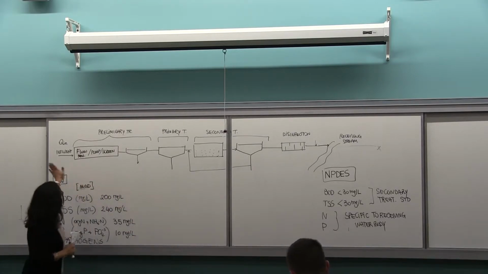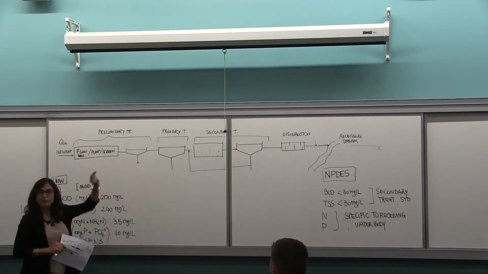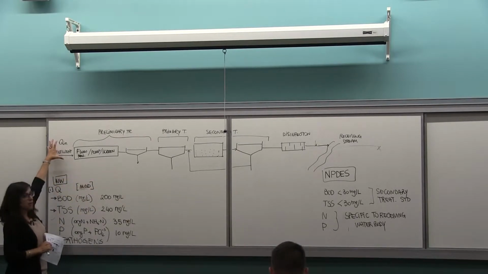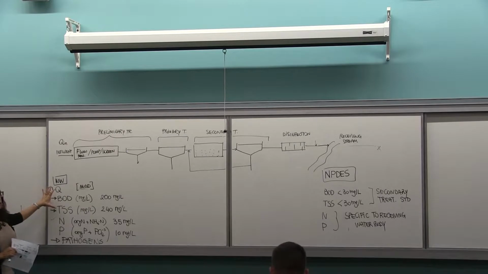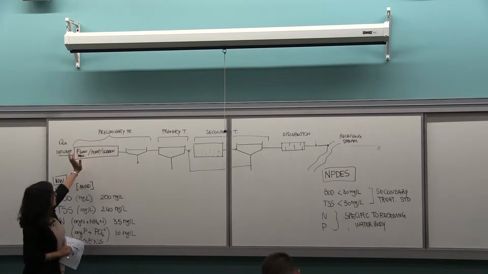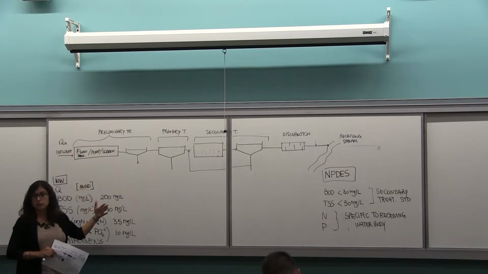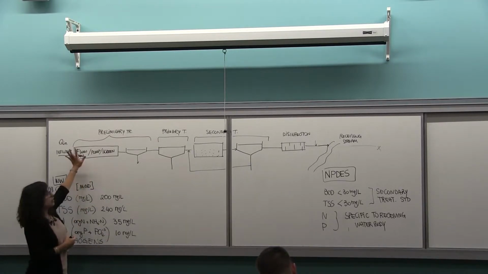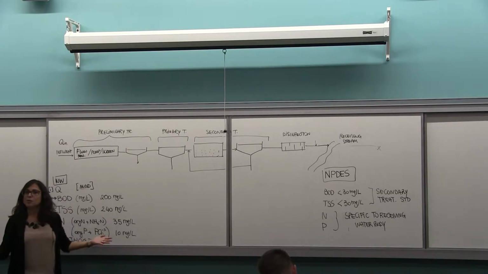So here I highlight the water line, how the water flows at the plant. We have our influent with these characteristics, right? It has all of these contaminants in it. The first step is what we call preliminary treatment. Preliminary treatment is mainly physical treatment. We have flow measurement, just because we need to know what the flow is.